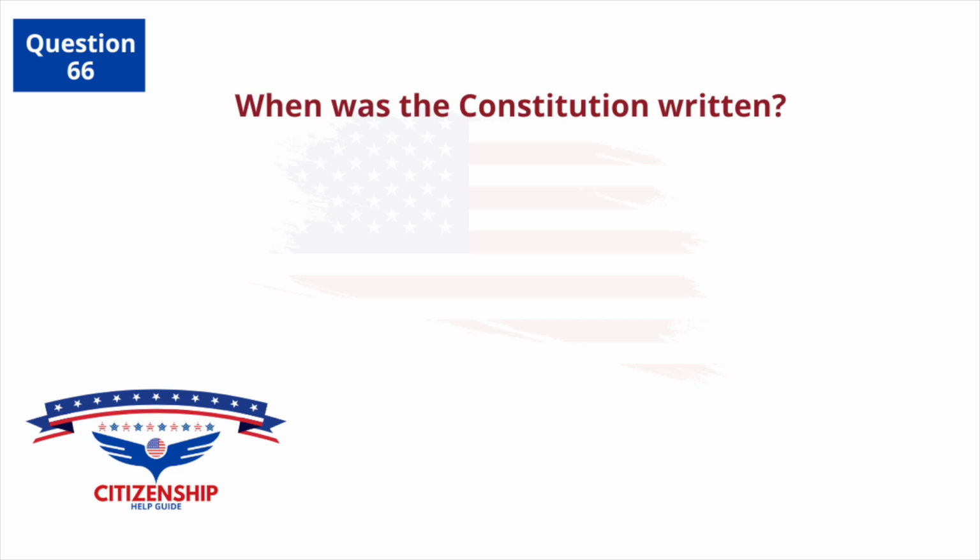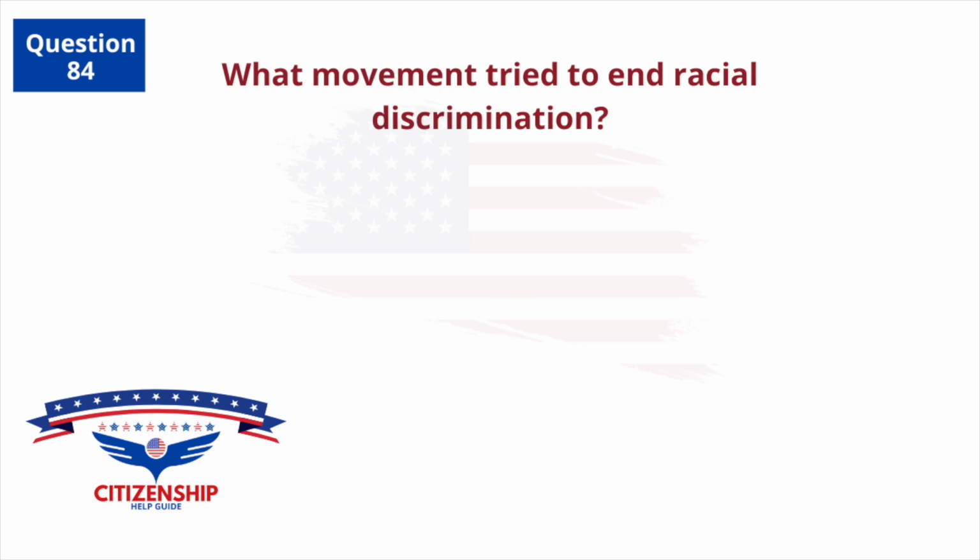When was the Constitution written? 1787. What movement tried to end racial discrimination?